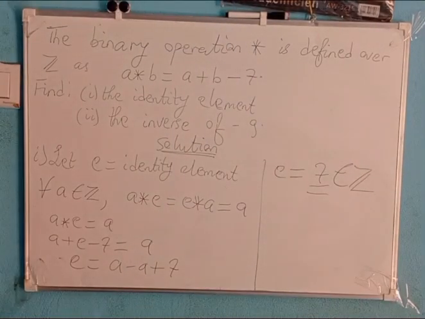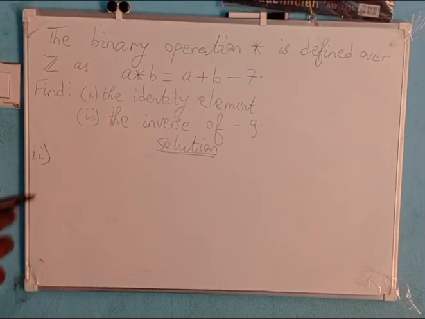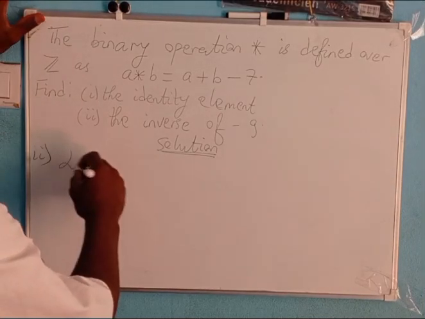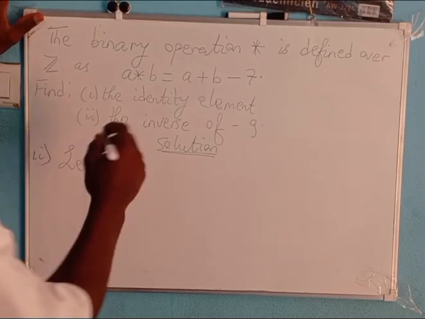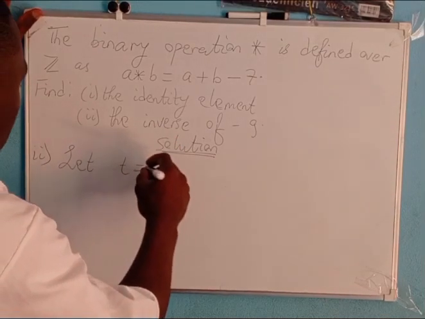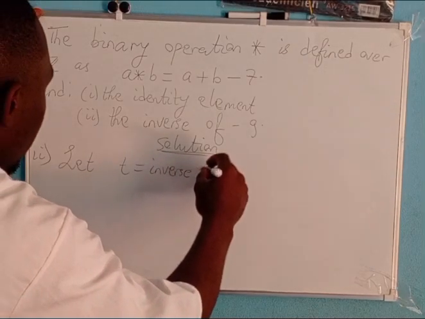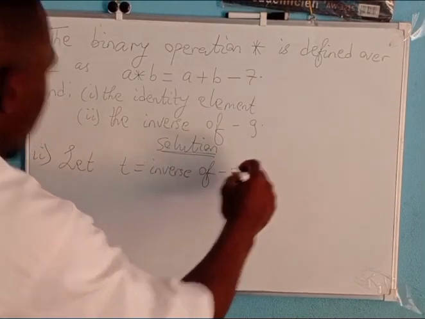7 is an integer. Now, knowing the identity element, we can find the inverse of negative 9. Go to 2. To find the inverse of negative 9, we are going to let any letter of our choice, let's let T be equal to the inverse of negative 9.